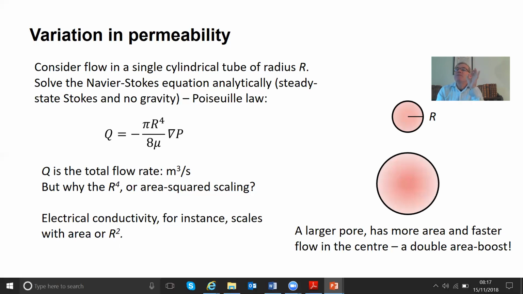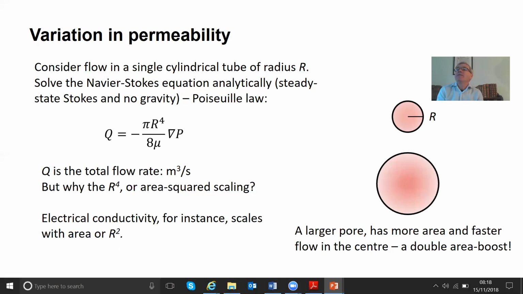Now, the point here is, if you've got a little tube, you can't get far away from the surface. So the velocity within the tube is always quite low. If I make the tube larger, not only do I just have more area, obviously, but the velocities within the center of the tube are also larger.